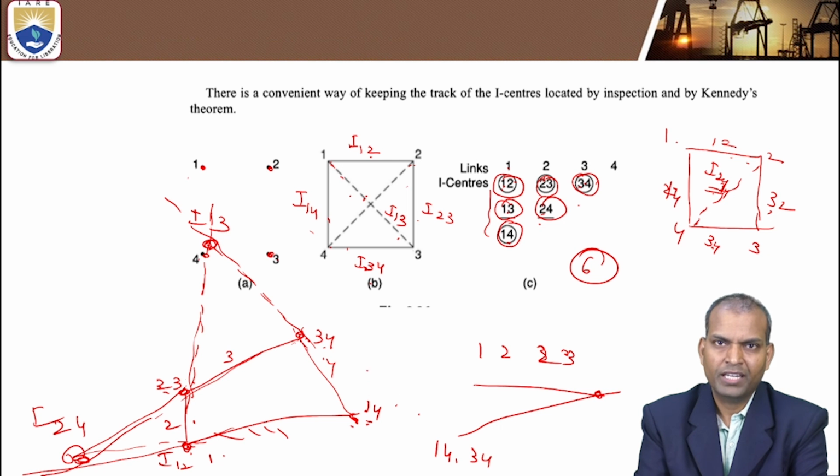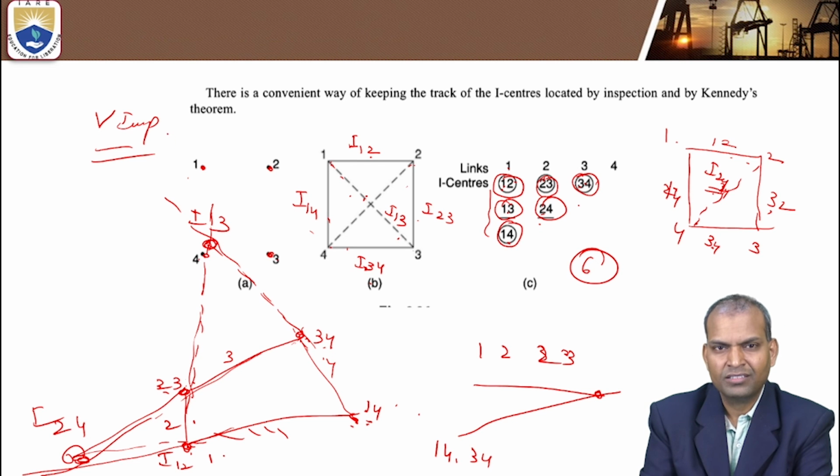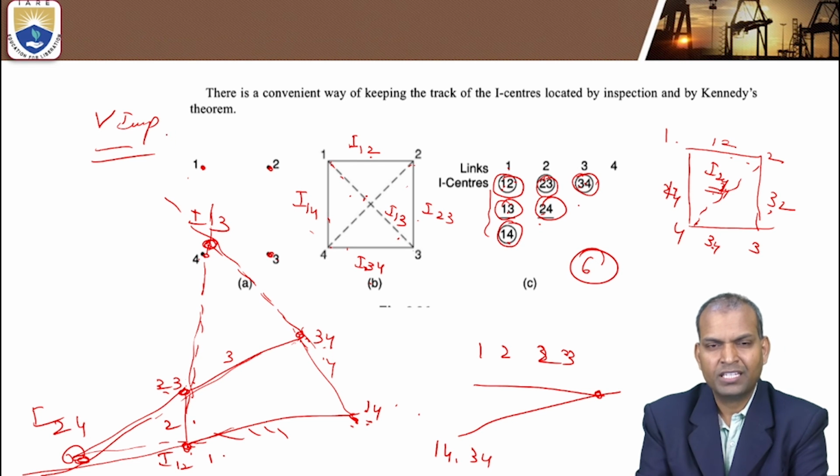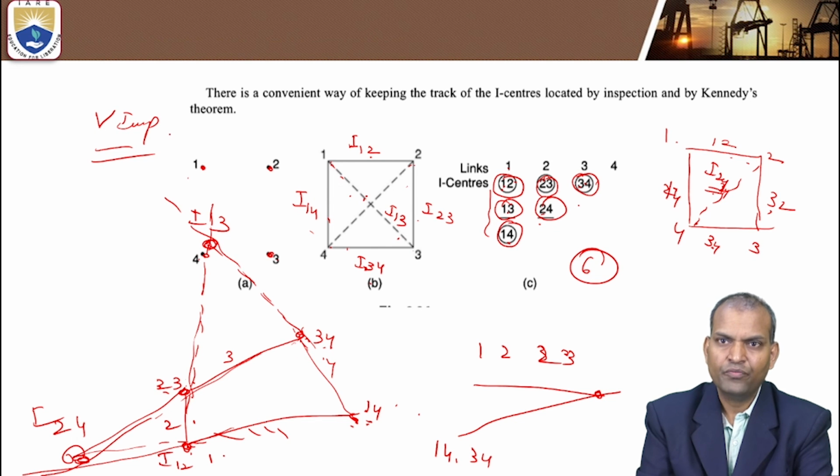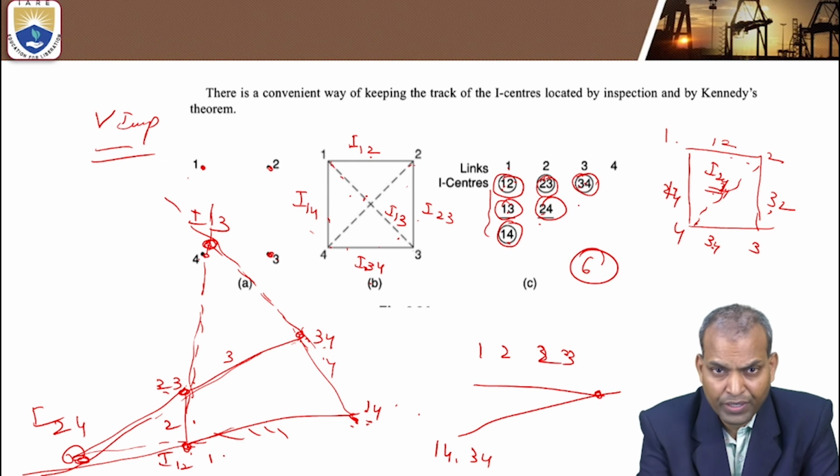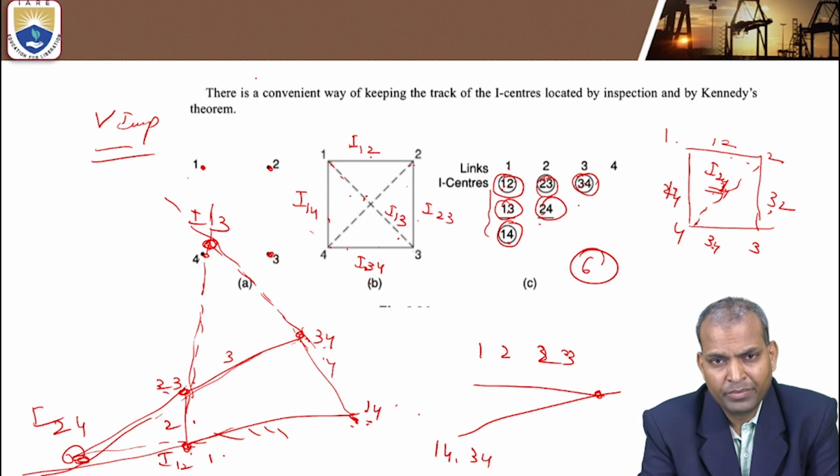Okay, this is a very important method to find out the types of instantaneous centers and the combinations of instantaneous centers, and from this figure B we can find out how to identify the unknown instantaneous centers, which are neither fixed nor permanent.